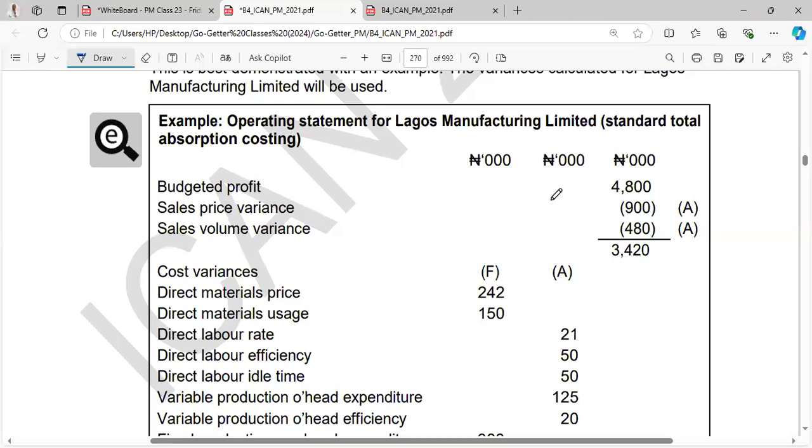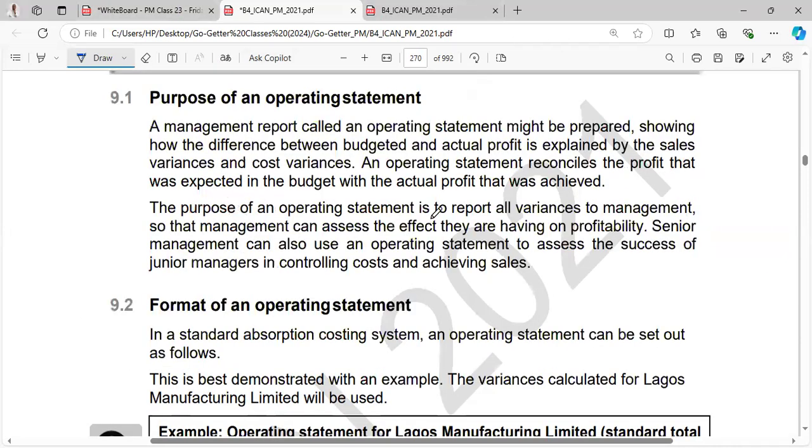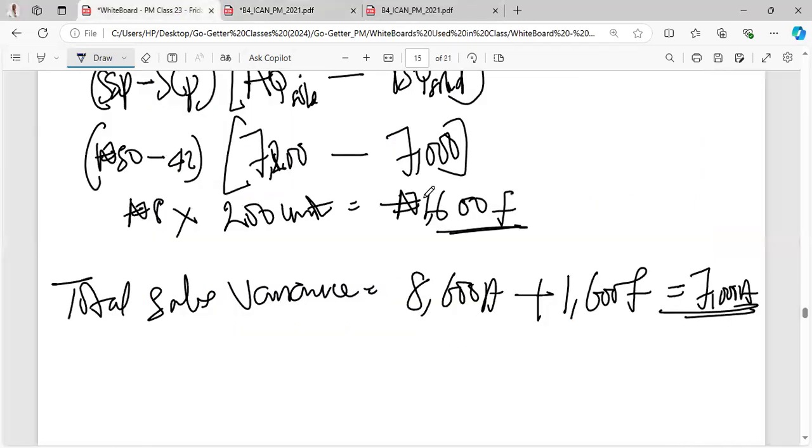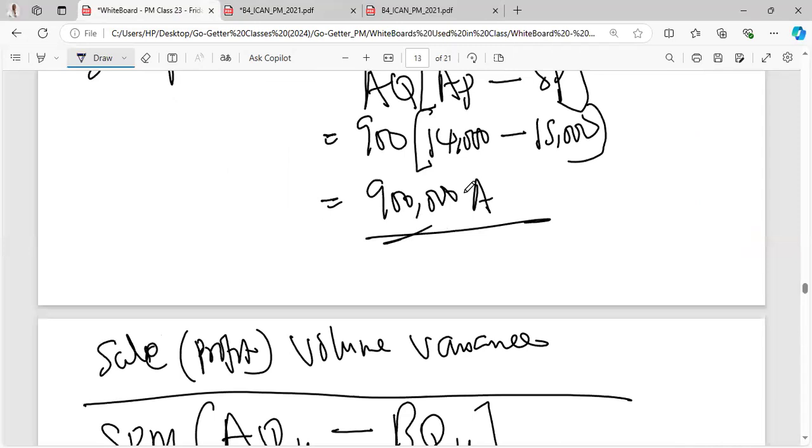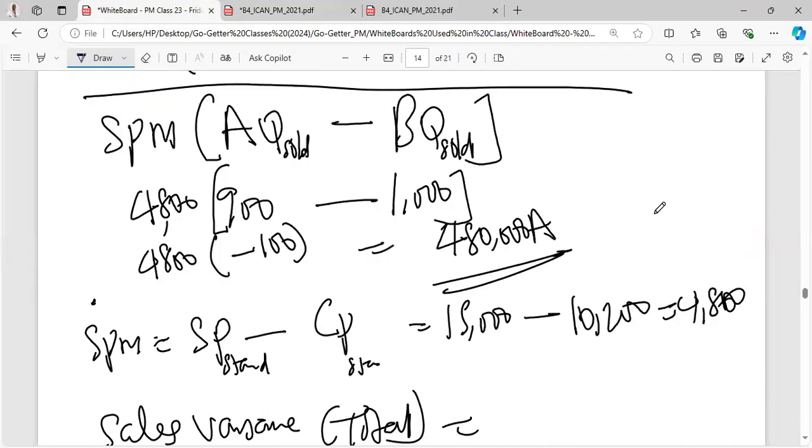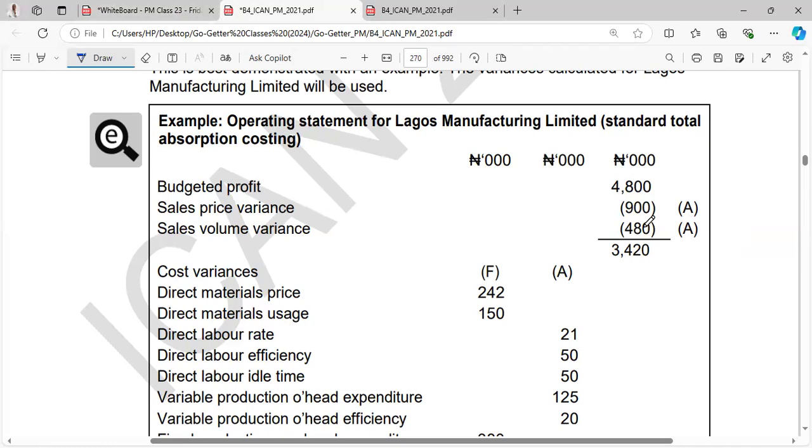Have your price variance. Remember, we have 900 adverse. The other one is 480 adverse. So we bring them together. Adverse are being deducted from this profit because if you're starting with budgeted profits, all your adverse are to be subtracted and all your favorable are to be added.